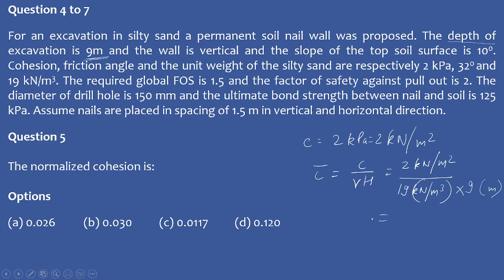So 2 divided by 19 into 9 is basically 0.01169. If you approximate it, it will be 0.117. So C will be the answer.